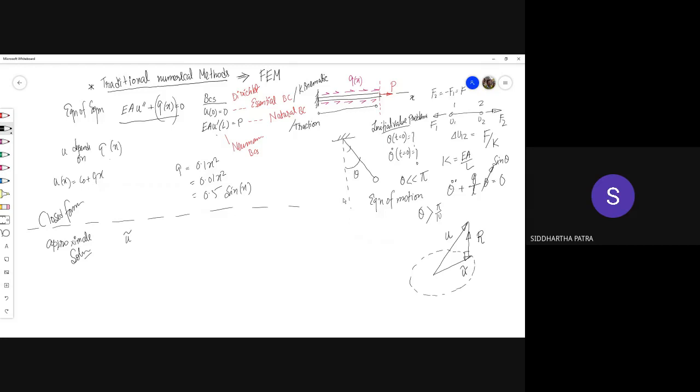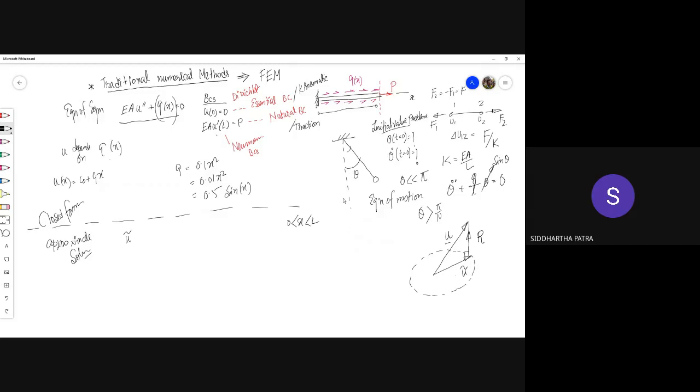If you choose u instead of u tilde, everywhere within the geometry this differential equation should be 0, because this differential equation is based on u.